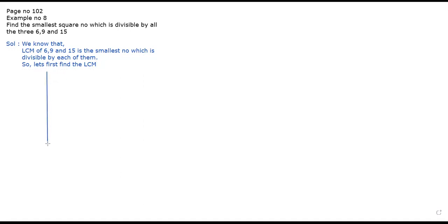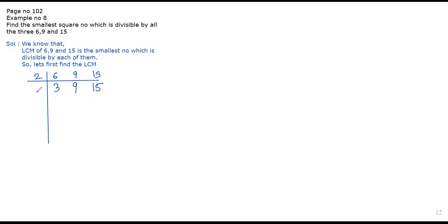You write all the three numbers together and you start from the smallest prime. So suppose this is 6, 9 and 15. I will start with 2. 2 can divide 6, 2 threes are 6. It cannot divide 9. 9 comes down as it is, 15 comes down as it is. Is this how you find the LCM?